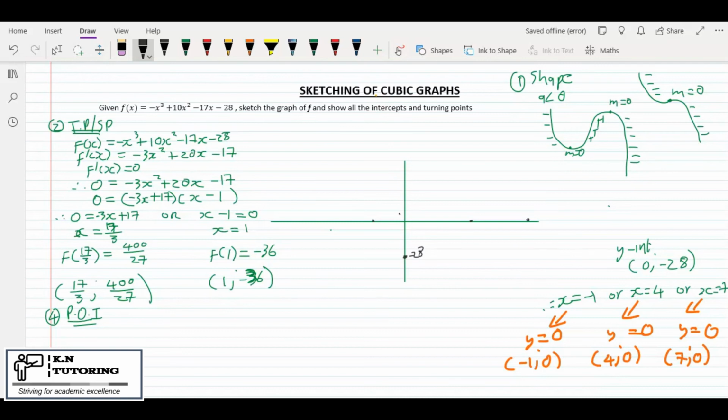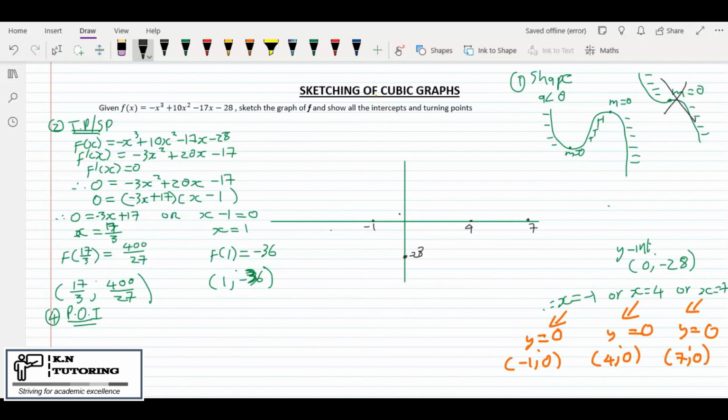And I've already determined that my shape is going to look like that. So I can see that this one is out because I've got 3 intercepts. This one you can only get if you've got 1 or 2 intercepts. But the moment you've got 3 intercepts, that option is already out. So we are left with this option. These are my intercepts, -1, 4, and 7.